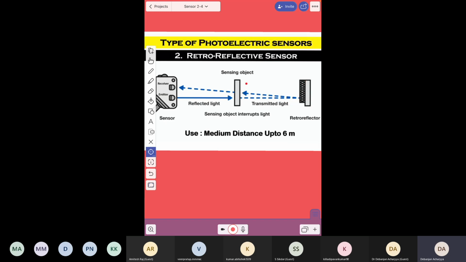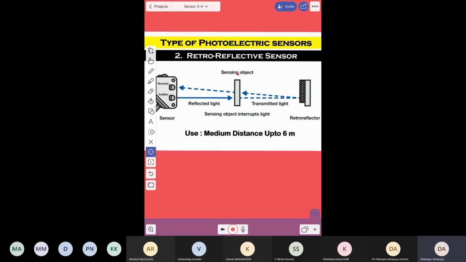For example, let's begin when you don't have any object. The light will come over here to the retroreflector, and that will reflect your light, and the reflected light will be received by the receiver. In that case you can calibrate that there is no sensing object.